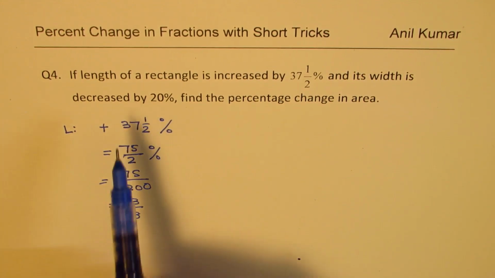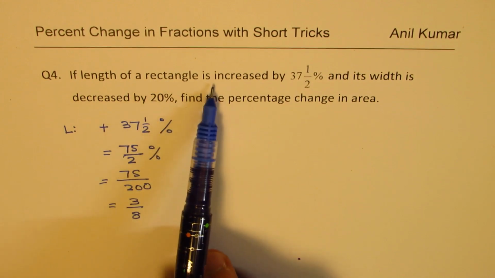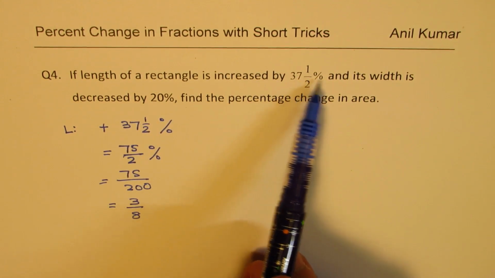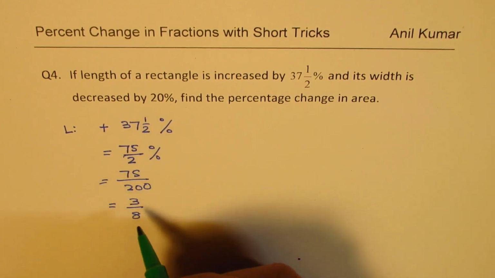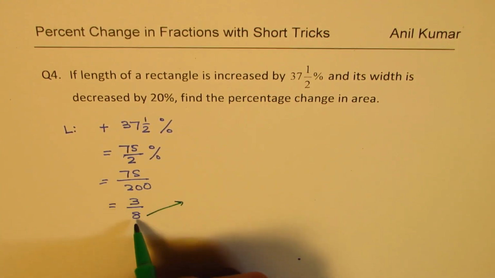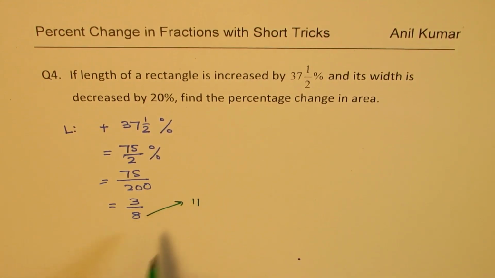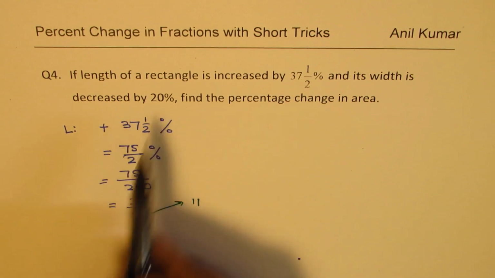Now we are saying that the length of the rectangle is increased by this much, so the length becomes, instead of 8, 8 plus 3, which is 11. Do you see that? So that becomes the increased length. Now let's look into the second part, which is that width is decreased by 20%.